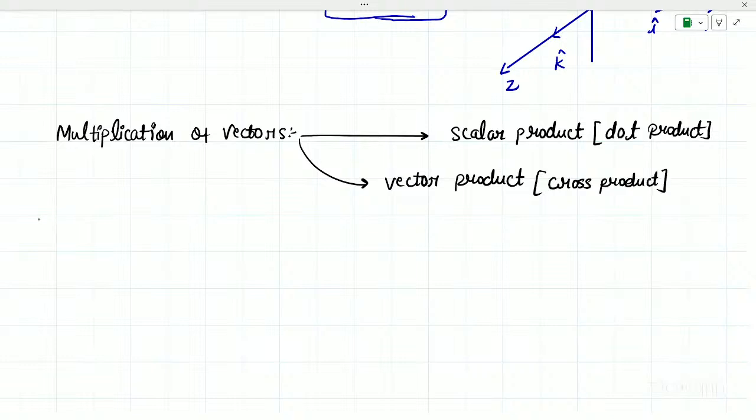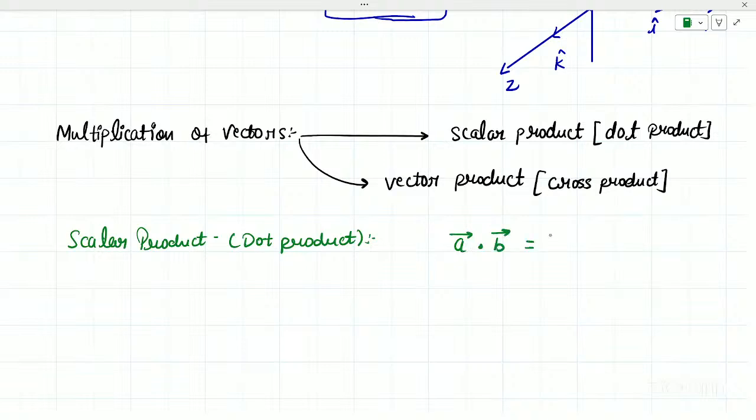Now, firstly, we will talk about the scalar product, which is nothing but the dot product. It is represented by A vector dot B vector, which gives you AB cos theta.